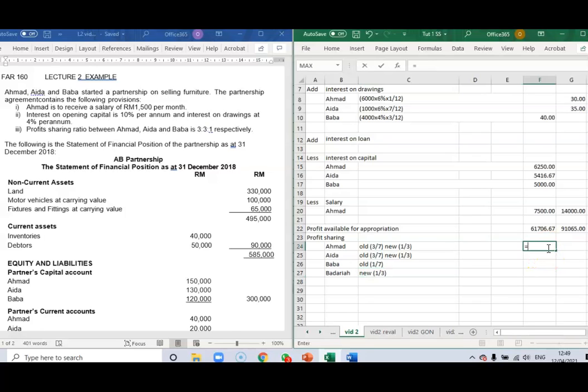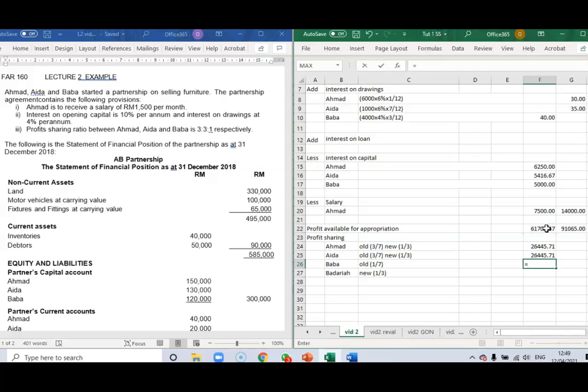If using the old one, it means using the pre column of profit available for appropriation and multiplying with 3/7. The same goes with Ida, multiply 3/7.